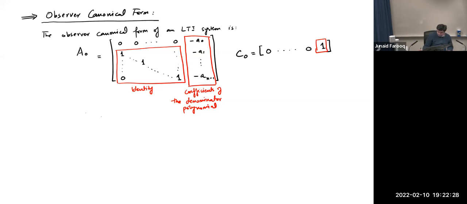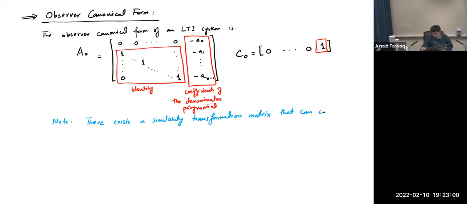And I'm going to say again that there exists a similarity transformation that can convert an observable system into its observer canonical form.